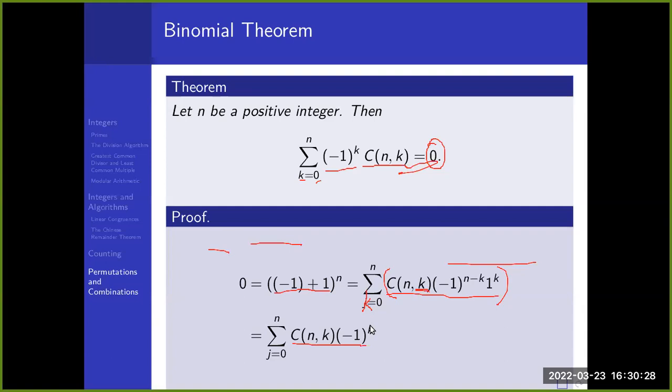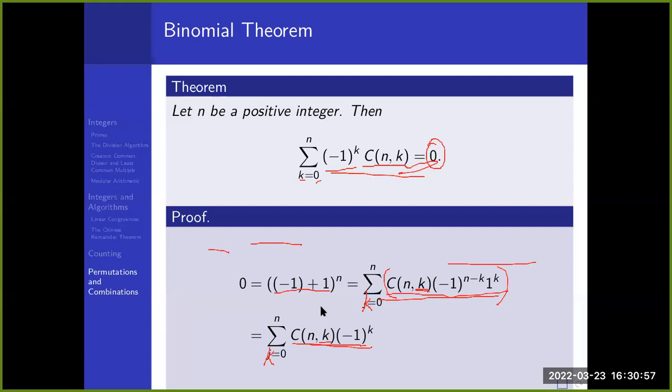And even here, the indexing is k. I don't know why I have j. So this should be k. We'll be summing over k. So this one simplifies to this, which is exactly what we have in the theorem.